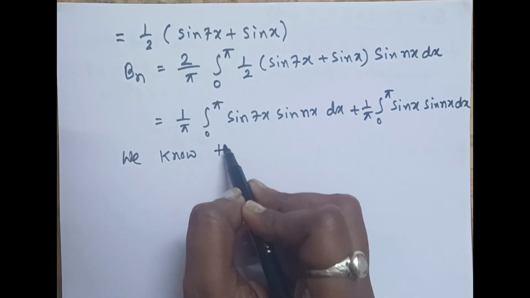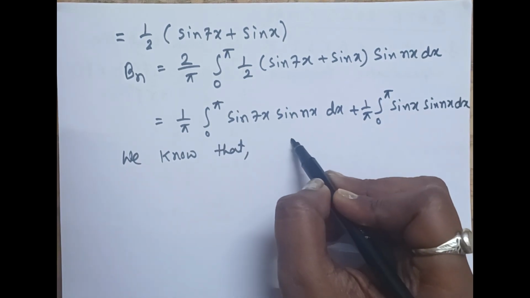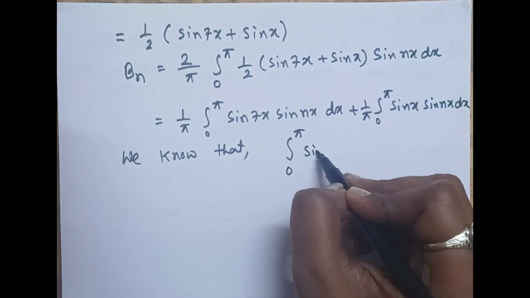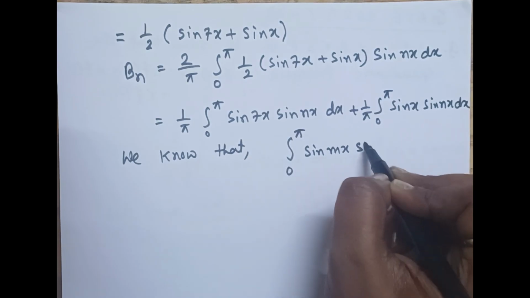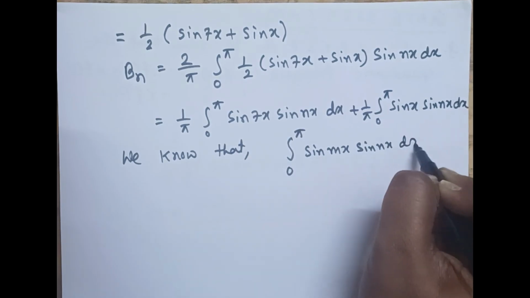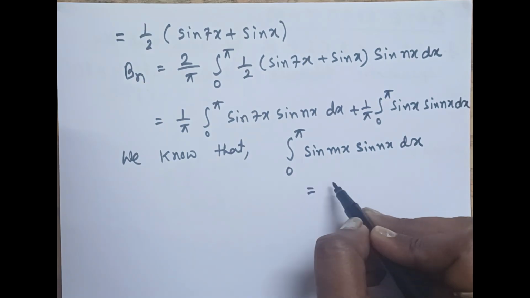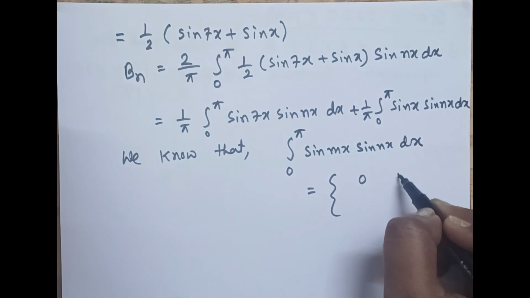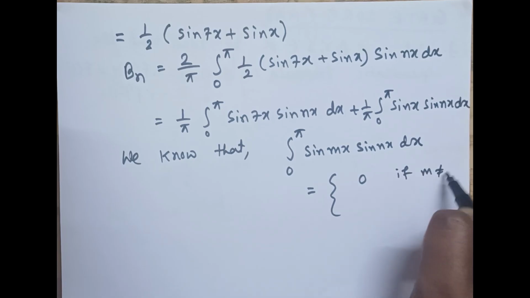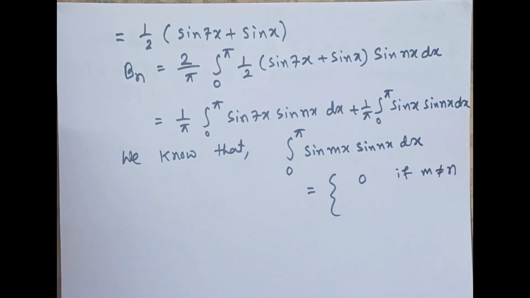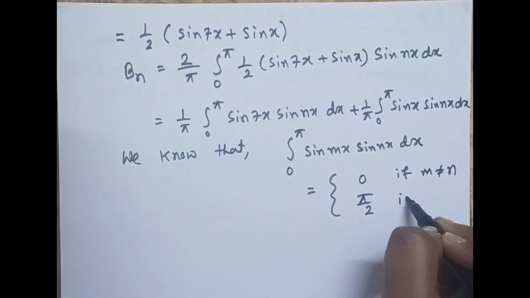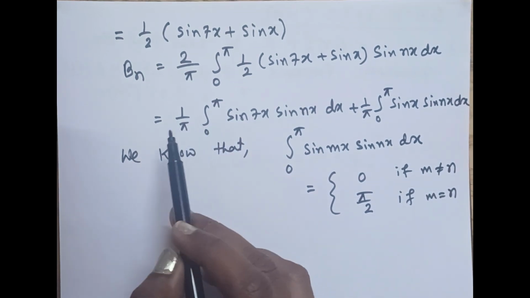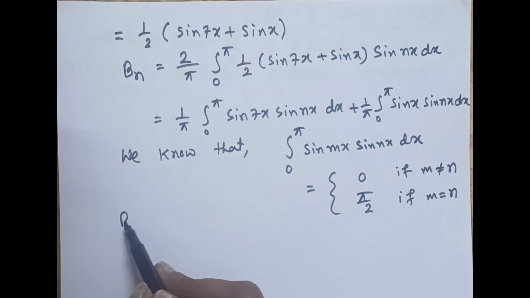Now we know that the integration 0 to pi sin mx sin nx dx equals 0 when m not equal to n, and when m equals n, the value is pi by 2. So using these we can solve the integration for bn.